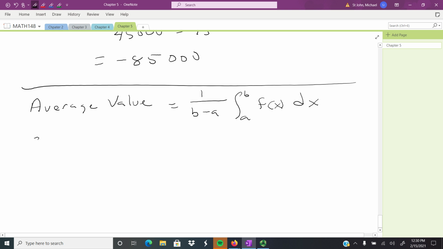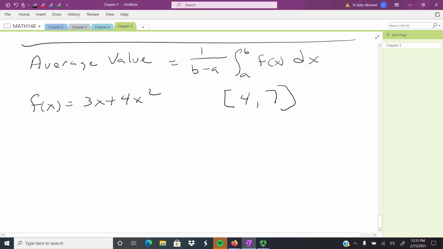So given that f of x is 3x plus 4x squared, and my interval is from 4 to 7, this will be 1 over 7 minus 4, integral 4 to 7 of 3x plus 4x squared dx.